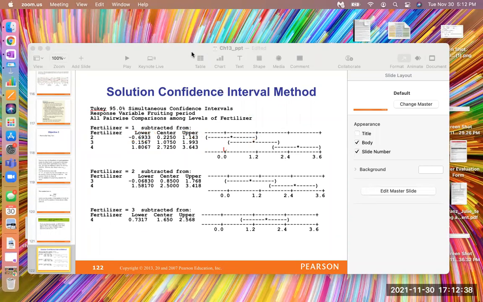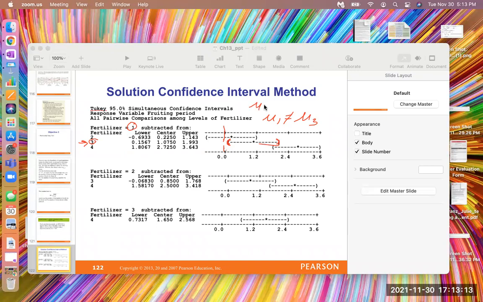Then we compare fertilizer 1 to fertilizer 3 in this line and this interval. This interval does not contain 0. 0 is right here, so 0 does not fall inside the parentheses. So we think there is a difference: the mean fruiting period for fertilizer 1 is not the same as for fertilizer 3. That means one of them is larger. We can see they subtracted 1 from 3.